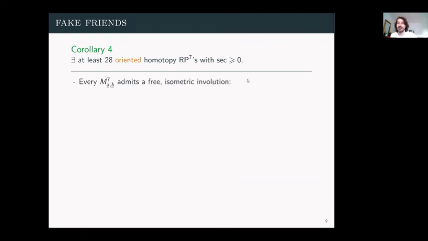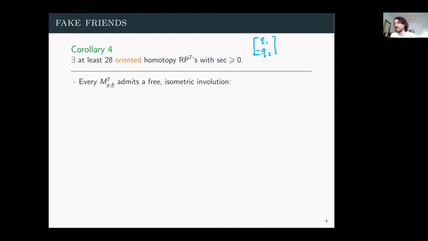Okay, so let me now say something about the homotopy RP7s. Every one of these 7-manifolds admits a free isometric involution. And again, it's something that preserves the biquotient leaves. Before, the Z mod D acted on the left of the first coordinate. In this case, the involution acts on the second one by multiplication by -1. And remember, plus or minus 1 commute with all quaternions.